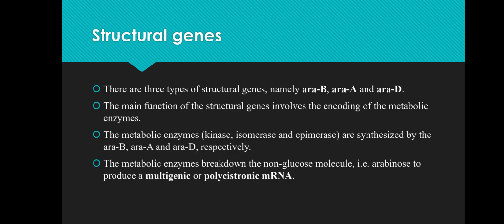First, let's talk about structural gene. In structural gene, there are three types of gene, which are called ARA-B, ARA-A, and ARA-D. Their main function involves the encoding of metabolic enzymes. These metabolic enzymes are kinase, isomerase, and epimerase that are synthesized by ARA-B, ARA-A, and ARA-D.